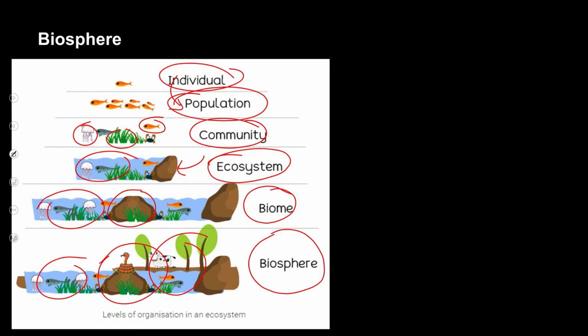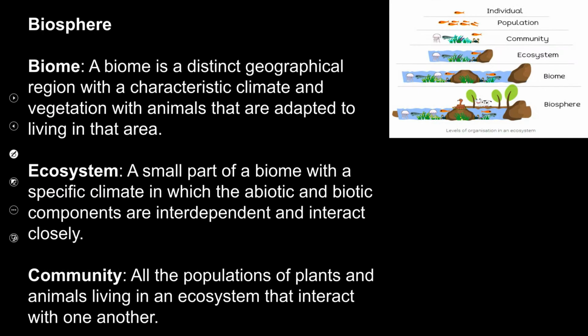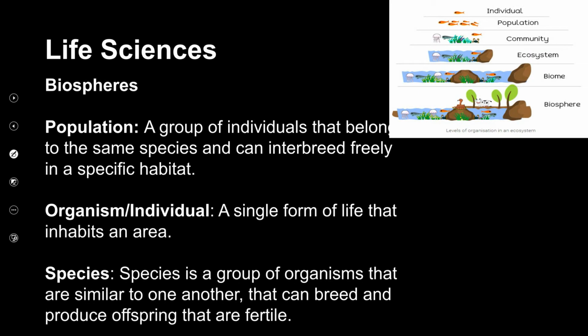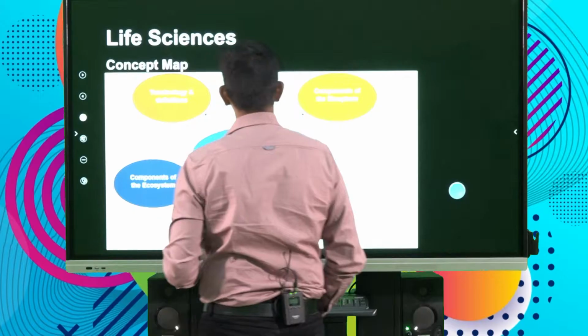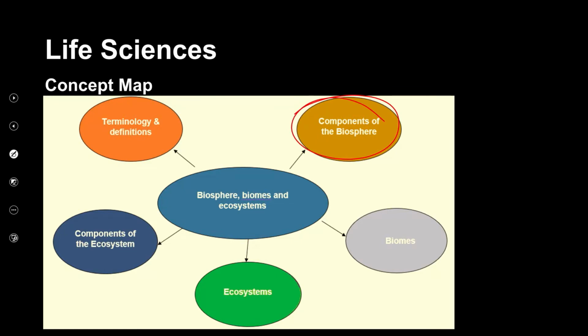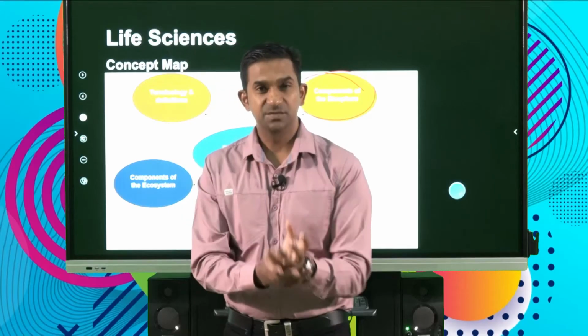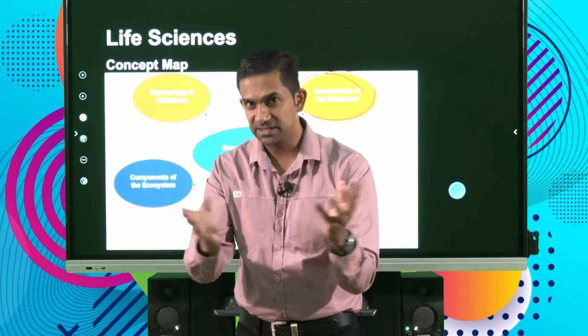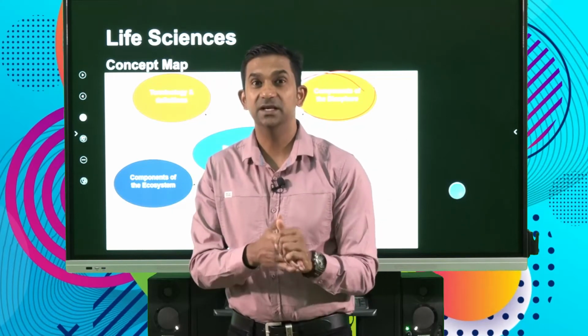So those are the several components in the biosphere if we were to break that down into its smaller building components. So we've looked at the biosphere, and ultimately it's important that we recognize that the components of the biosphere are from the smallest individual to the most complex systems, which we refer to as the biosphere.